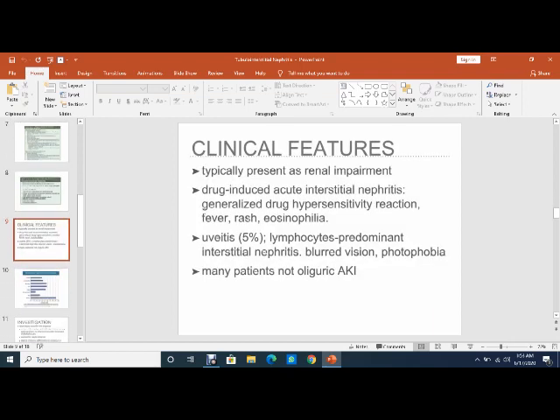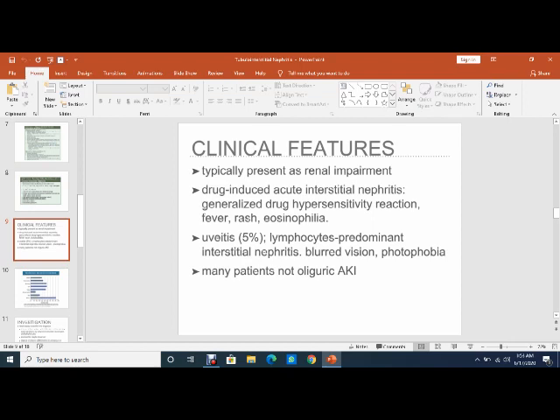So this is regarding the functional manifestation of the chronic interstitial nephritis. So, coming to the clinical features, these patients typically present with renal impairment, kidney function initially normal, but deterioration of renal function takes place. The drugs which lead to acute TIN cause generalized drug hypersensitive reactions.